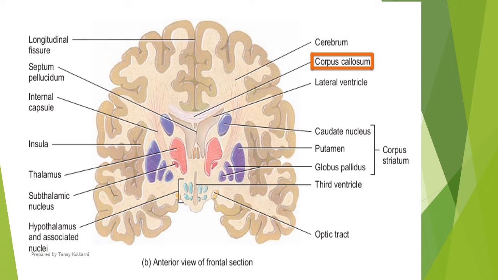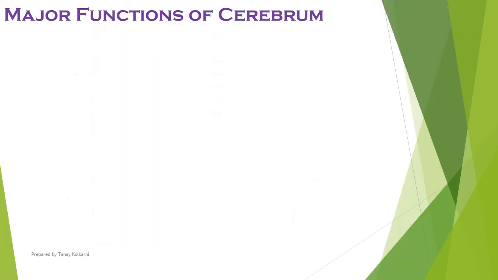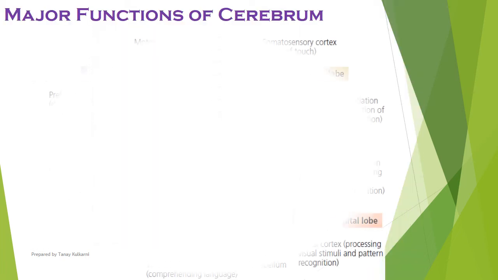Corpus callosum is a sheet of fibers which connects these two cerebral hemispheres, and its function is the transfer of information from one hemisphere to the other. If anybody asks you the location of corpus callosum, you can say it is located at the base of the cerebral hemispheres.